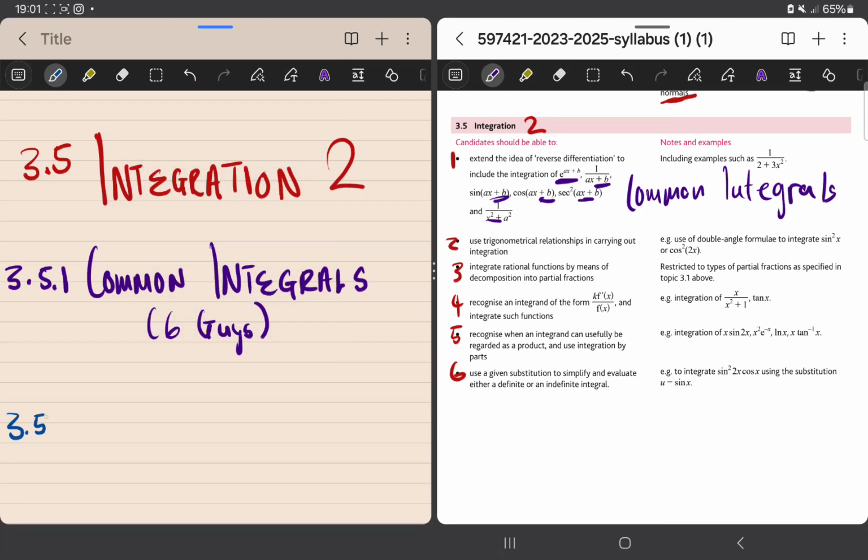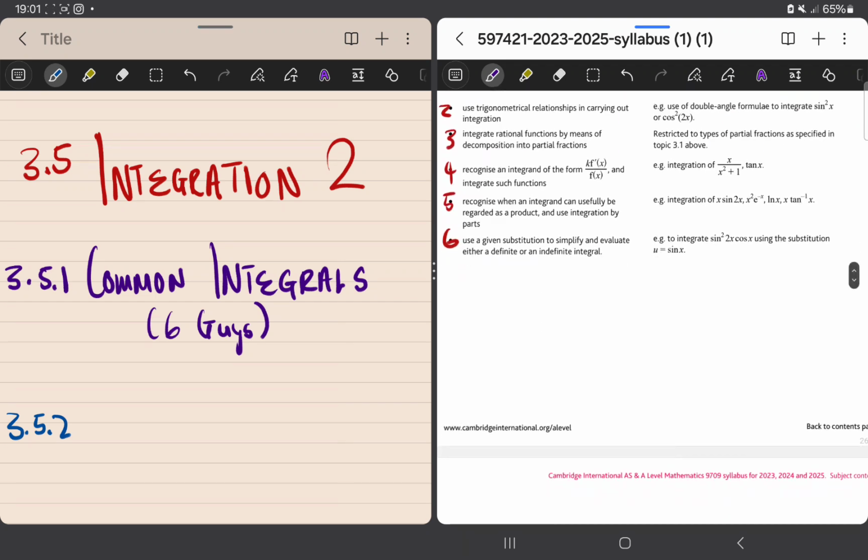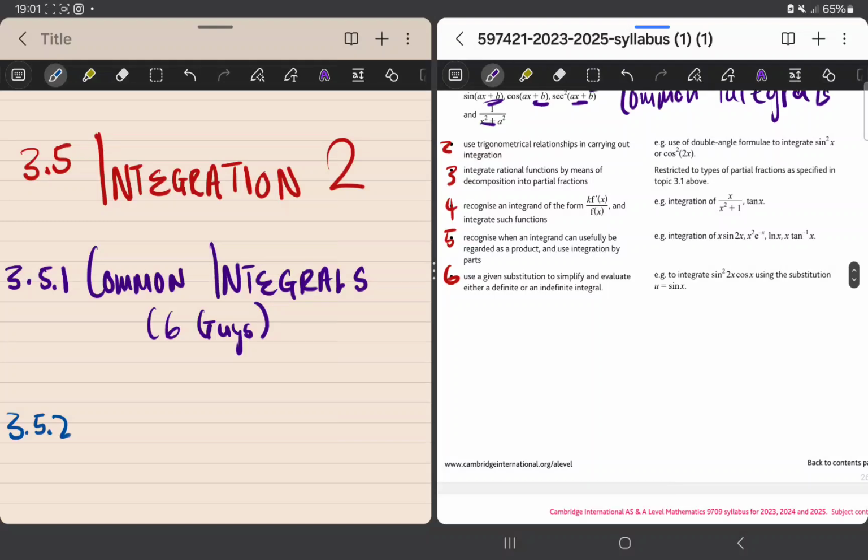Then let's go to 3.5.2. Some of these integrals are going to be very easy because we are going to be using the common derivatives table to do the integrals again. So very simple. Now, what is the second one about? It says use trigonometrical relationships in carrying out integration. These are called trig integrals, or trigonometric integrals if you want it in full.